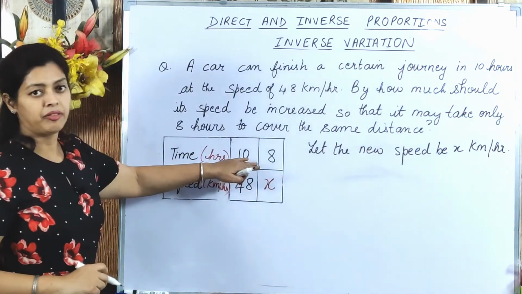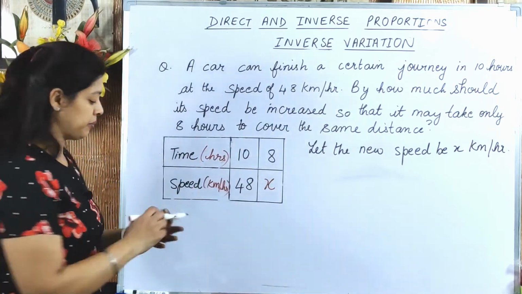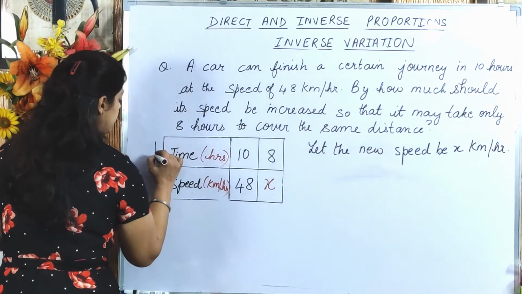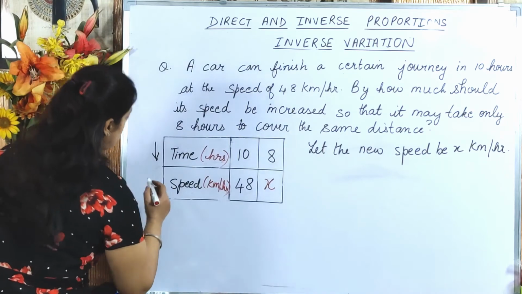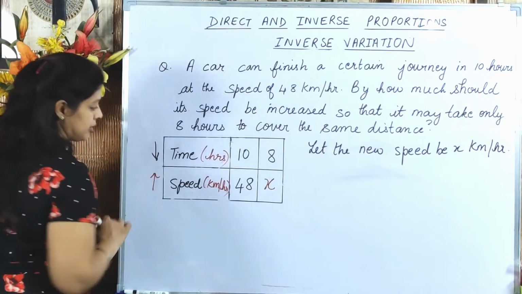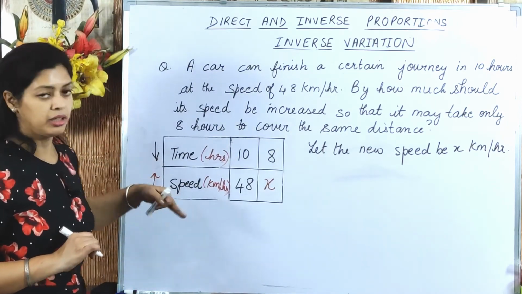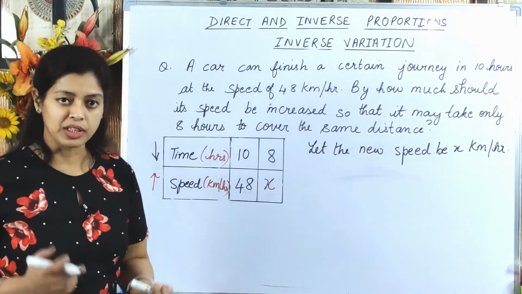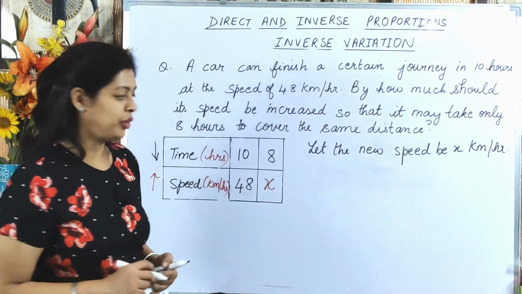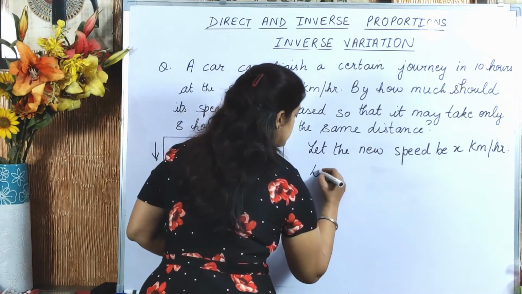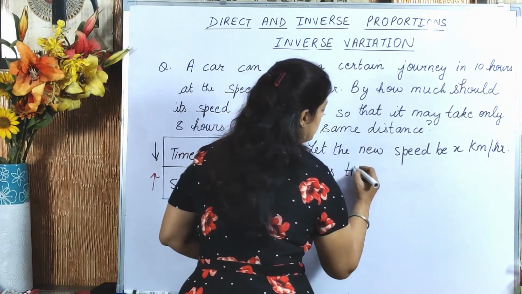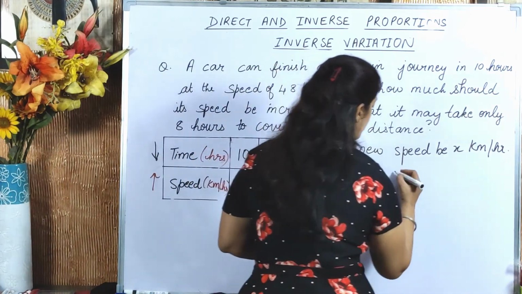Now since it is covering the same distance in less time, that is, the time decreases, so the speed has to increase. So the time and speed here are showing a case of inverse variation. So here we know that since less time, more will be the speed.